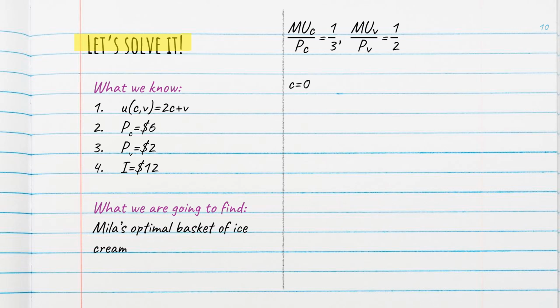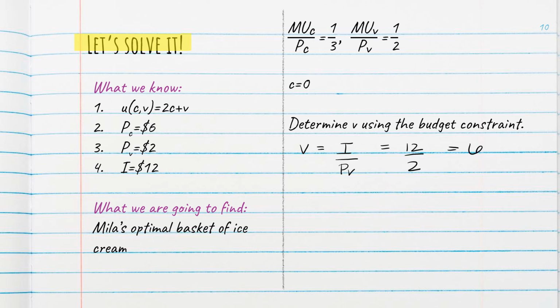To be really formal about solving for V, we can technically use the budget constraint to solve for V. You can do this in a variety of ways. We said in a previous slide that we can think of V as being income divided by the price of vanilla ice cream, which would be 12/2, which is 6. If you don't like this, you can write out the whole budget constraint: 6 times C plus 2 times V equals 12.